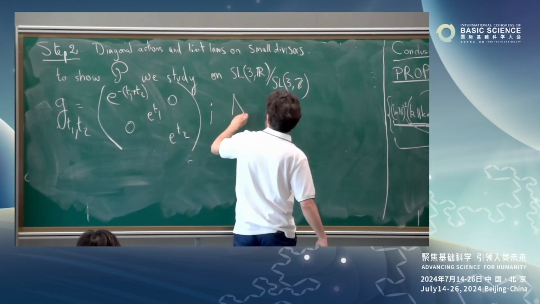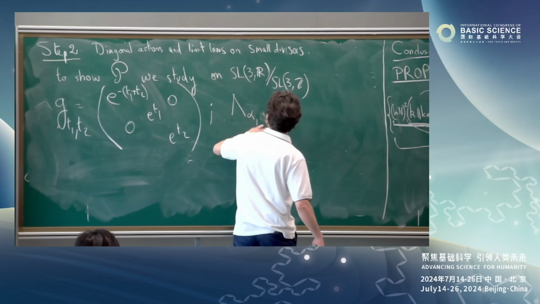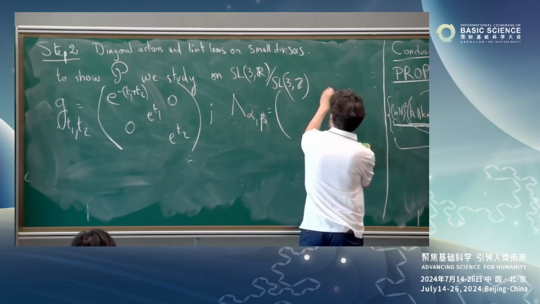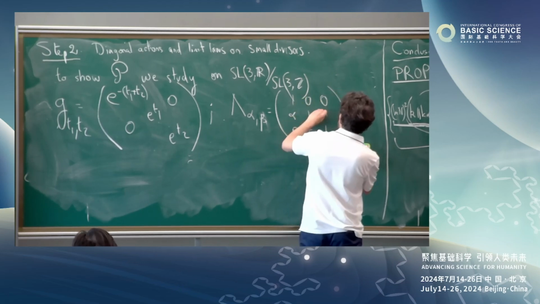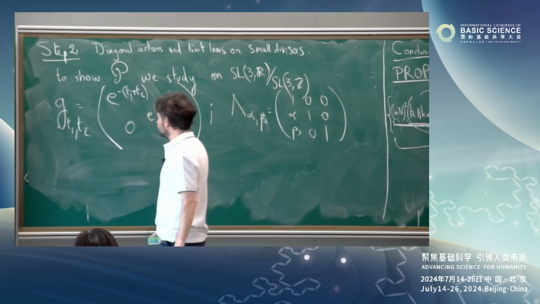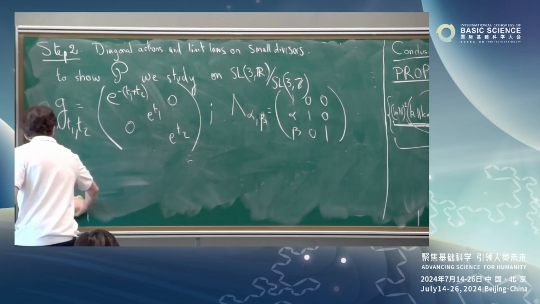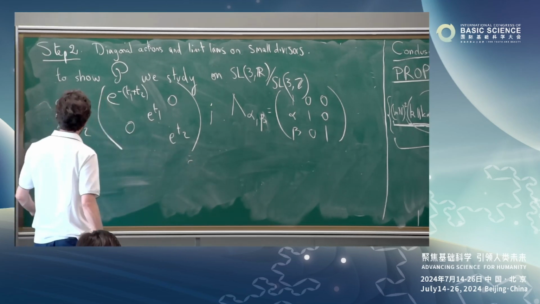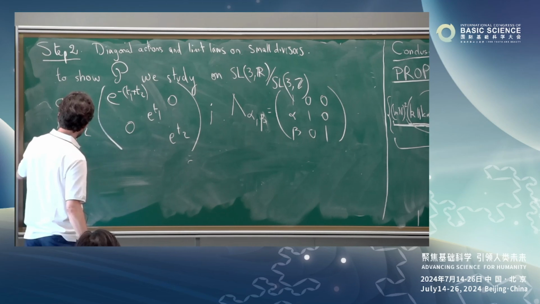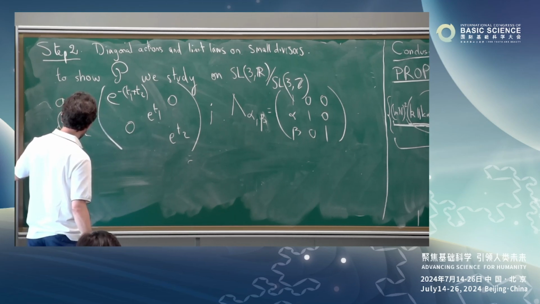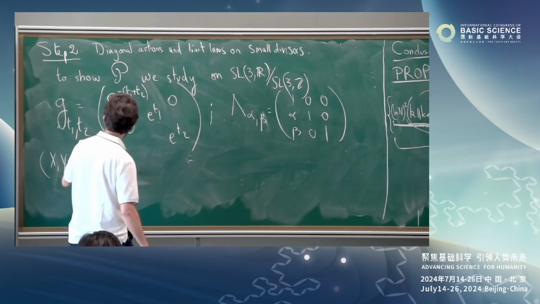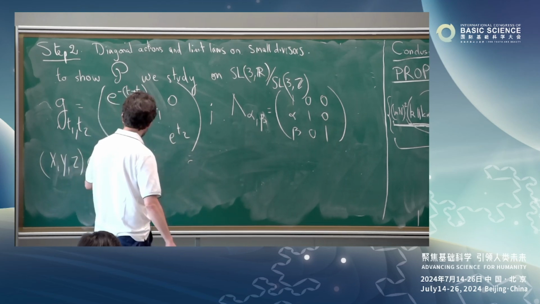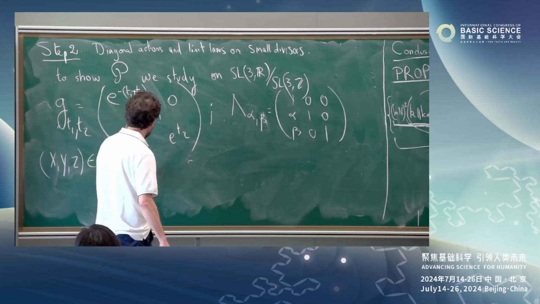We introduce lambda alpha beta, and we look at x, y, z, a vector in g_t lambda alpha beta.